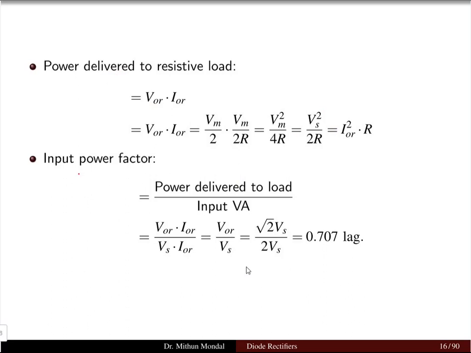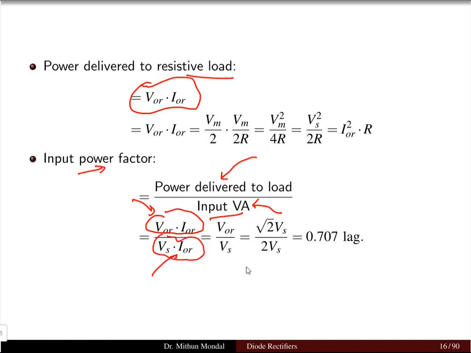And the input power factor, if you want to calculate, is equal to the power delivered to the load divided by the input volt ampere. The power delivered to the resistive load we have calculated as VOR into IOR, the RMS voltage and the RMS current product, divided by the input volt ampere, which is the input voltage Vs, the secondary output, multiplied with the current IOR.